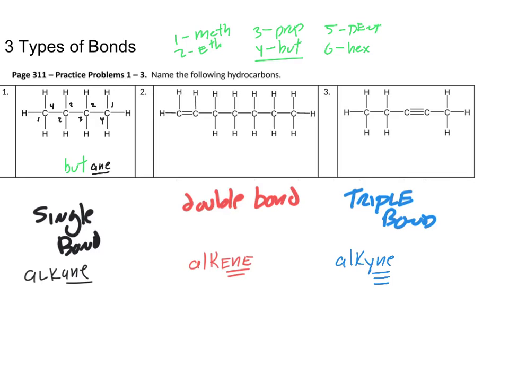And then for the next one, the one with the double bond, I'm going to again number the carbons from left to right, 1, 2, 3, 4, 5, 6, 7. And so I know 2 things. One of the things is that it's an alkene, so the ending is going to be ene because of the double bond. And then I know that it's 7 carbons long, and the length of the carbon chain is based on the prefix.